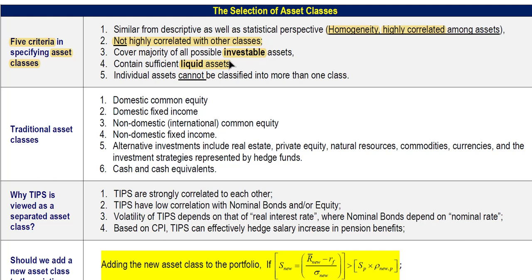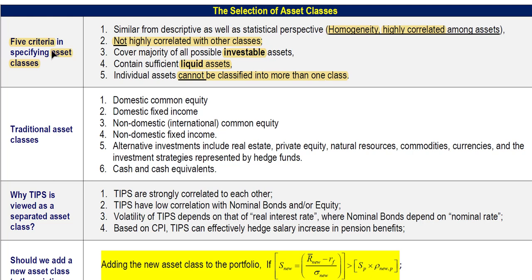The number five: the individual asset cannot be classified into more than one class. So the classes have to be mutually exclusive. If an asset is in one class, it cannot appear in another class.